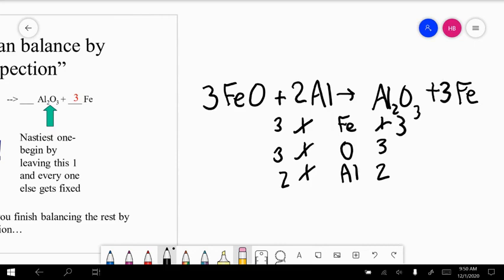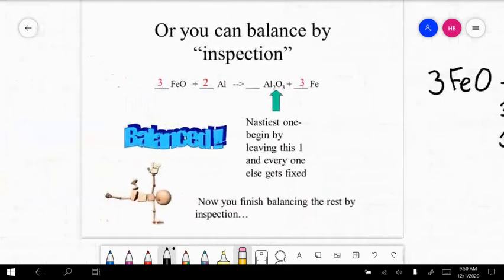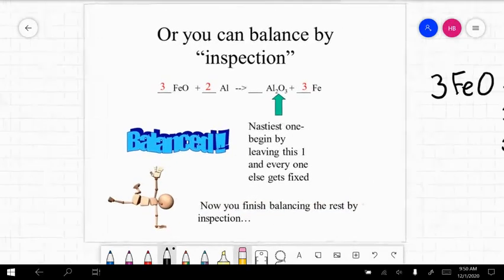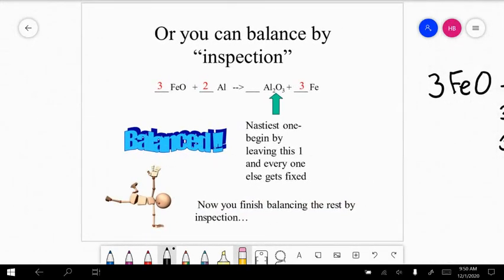So you can recognize I can do this by T-chart method, but otherwise, if I look at it and say, I think this is straightforward enough that I can do without the T-chart, you can also do that too. That's called balancing by inspection.